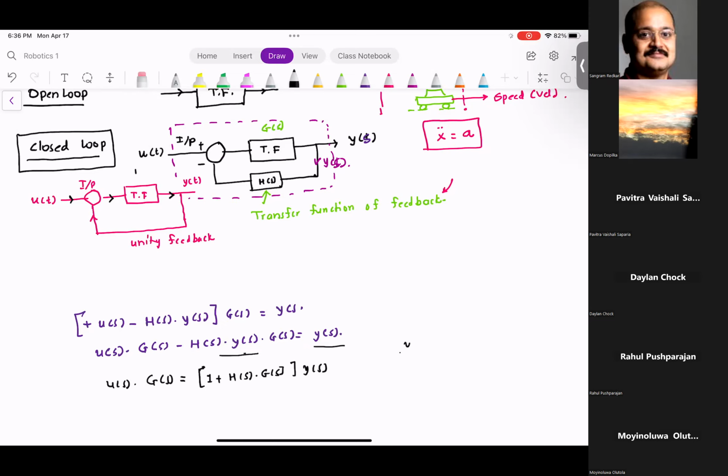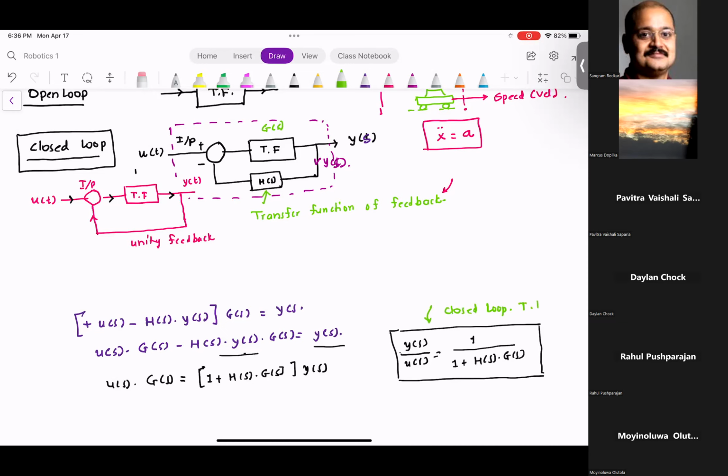And then y of s divided by u of s is equal to g of s over 1 plus h of s, g of s. So this is called the closed loop transfer function.